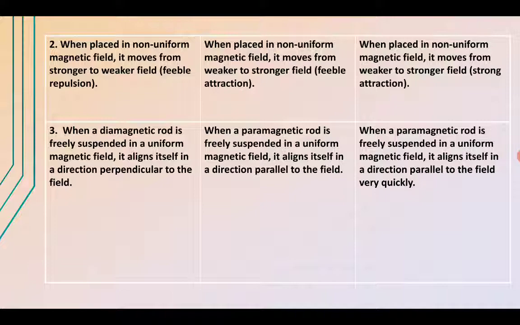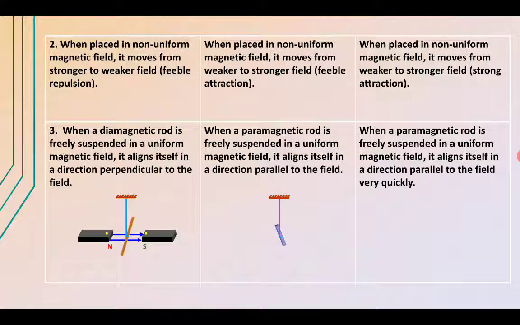Now for this first case, let us consider we are having a diamagnetic rod, and when this rod is suspended in a magnetic field, this rod is aligning itself perpendicular to the direction of the field in this manner. So this shows the repulsive nature.